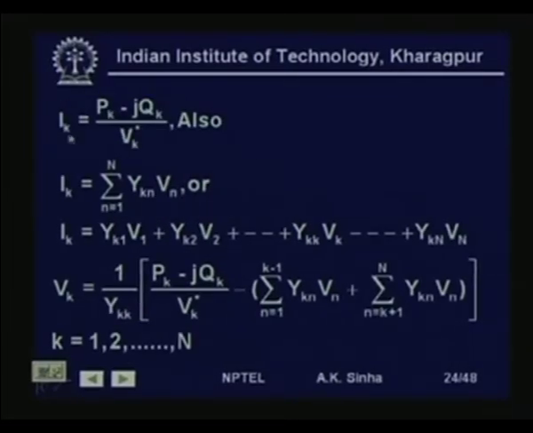Now, I k is what? The current injection at bus k is equal to P k minus j Q k by V k conjugate.